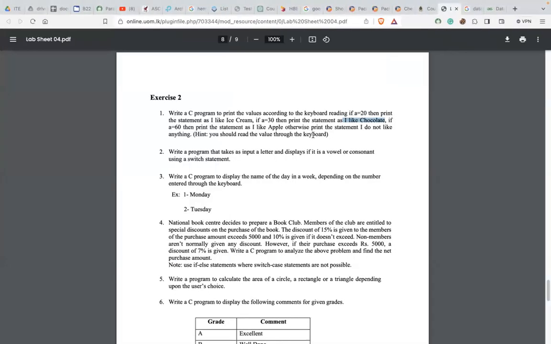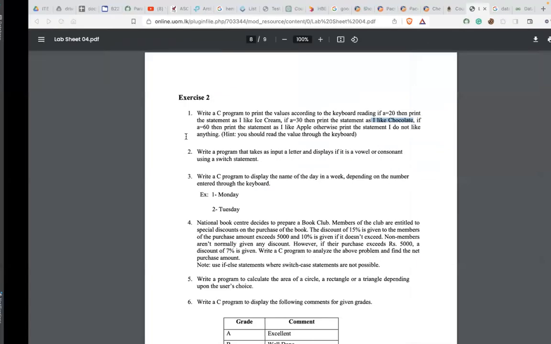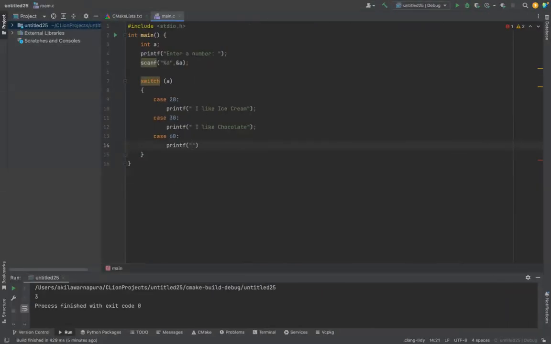Case 60: printf, I like apple. Provide \n.